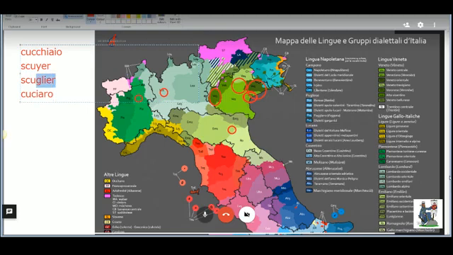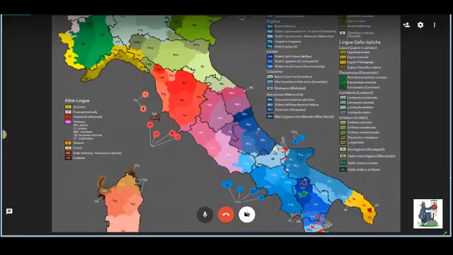When it comes to how different these dialects are, we also have to keep into account that Italy was actually officially founded only in the second half of the 1800s. So this is a very new country we're talking about. It's almost like Venice and Rome, and Venice and Naples, were in different countries.